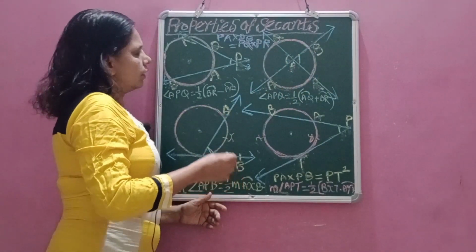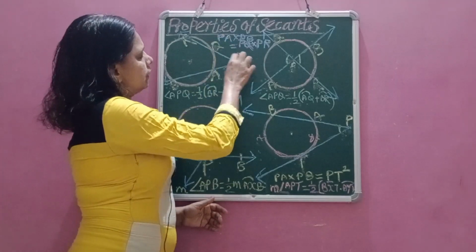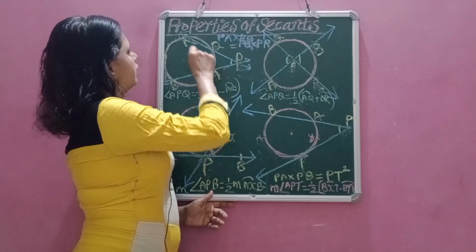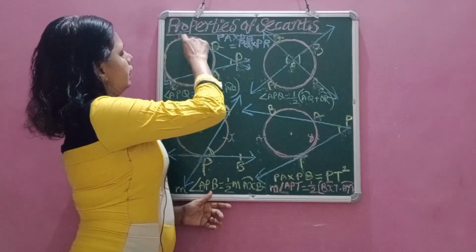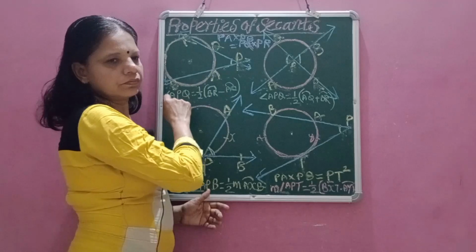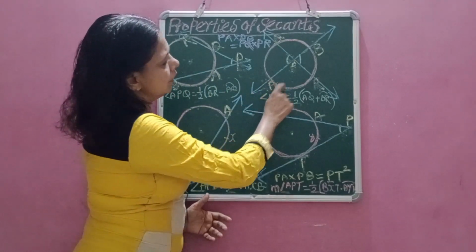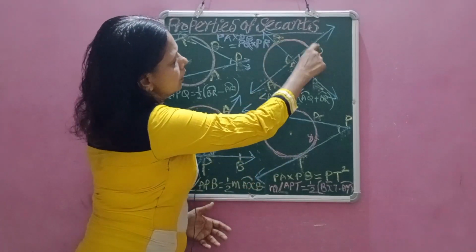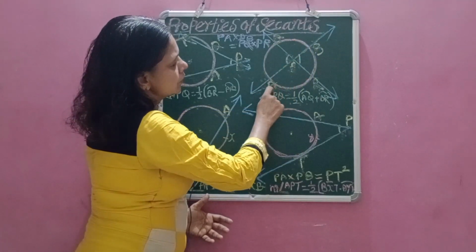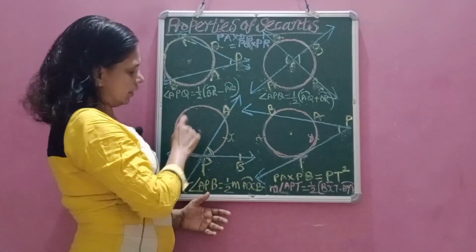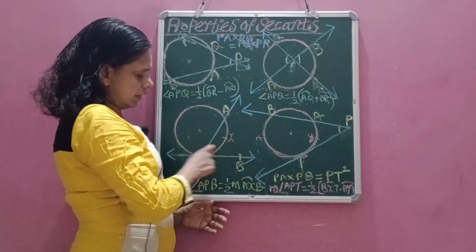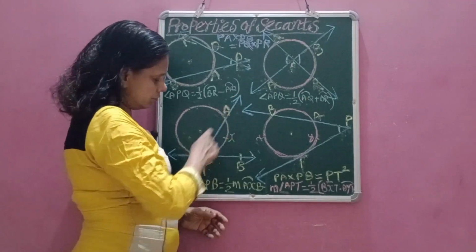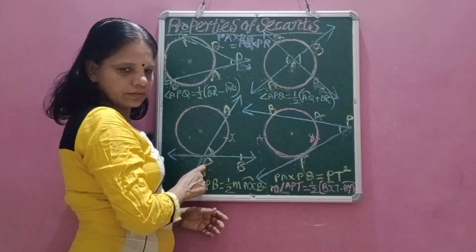These are the segments. And angle QPA equals half the difference, that is BR minus AQ. Here, angle APR equals half the measure of arc BQ plus measure of arc AR. And here one line is tangent and the other line is secant. Then the measure of the angle is half the measure of the intercepted arc.